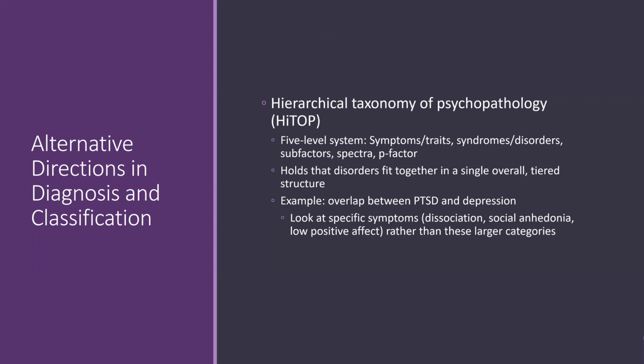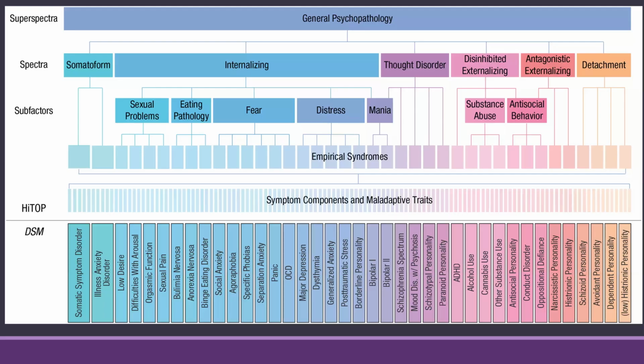These are part of both PTSD and depression. So to say that there are 2 separate categories doesn't always make sense. HiTOP would look at these very specific symptoms rather than the larger categories. So this is an example of how they've organized it. Again, you don't need to know the ins and outs of this, but it's helpful to know that this is a future direction in this area.